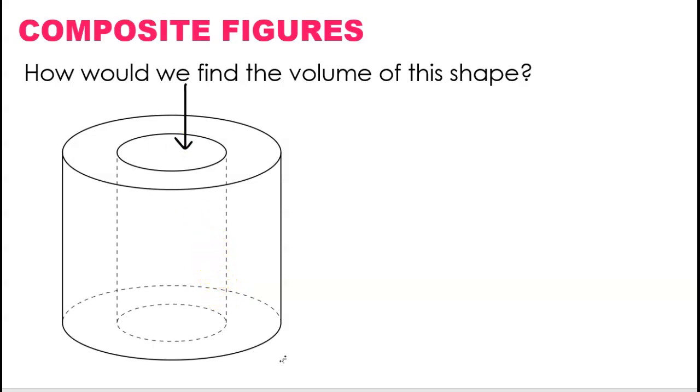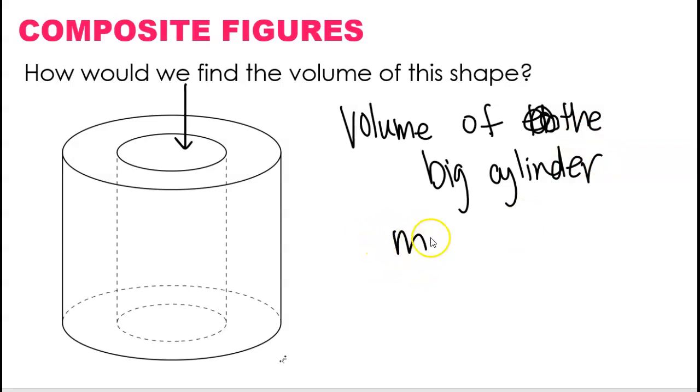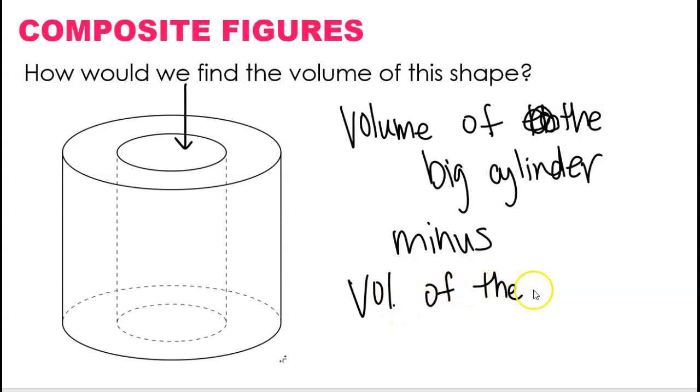So in order to find the part that's left, the cylinder donut, basically, we would find the volume of the big cylinder minus the volume of the inside cylinder.